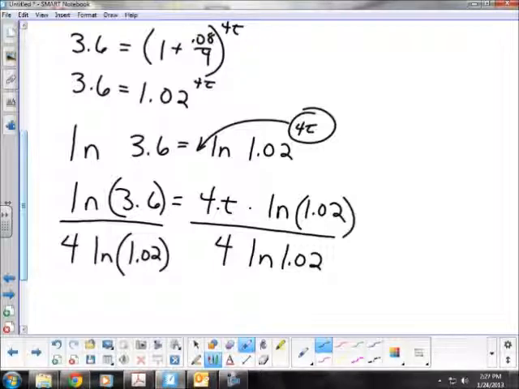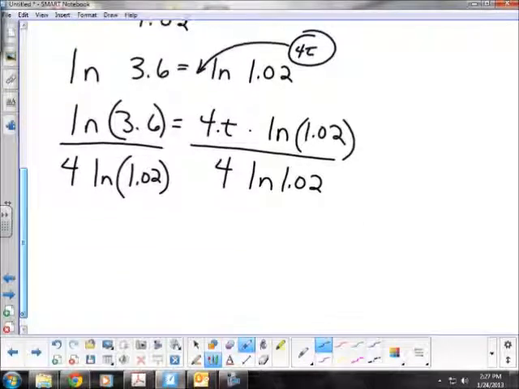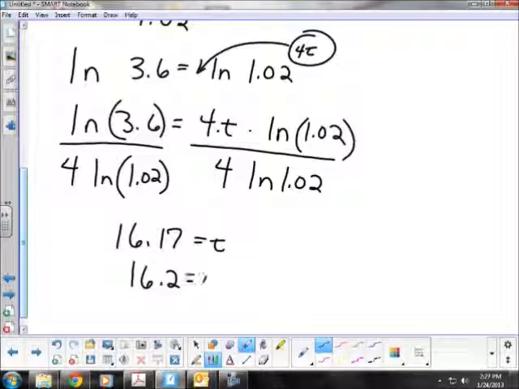Whatever that is, 16.17 years. And it wanted it to the nearest tenth of a year, so it's 16.2. So just a little bit more than 16 years. Yep, years. t is in years, remember my formula? Yep, you need to know that.